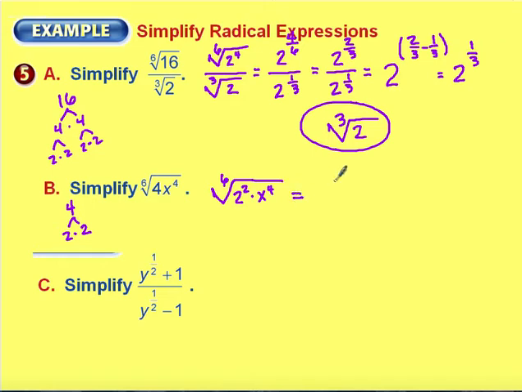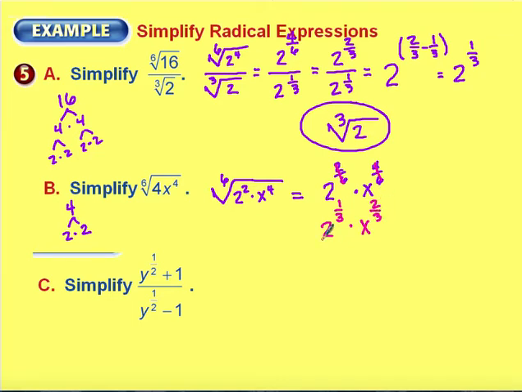Now, if I pull out my values here, I can rewrite this as 2 to the 2/6 power times x to the 4/6 power. Both of those rational exponents can be reduced. So I'm going to reduce that and make that 2 to the 1/3 power. I'm going to reduce that and make that x to the 2/3 power.